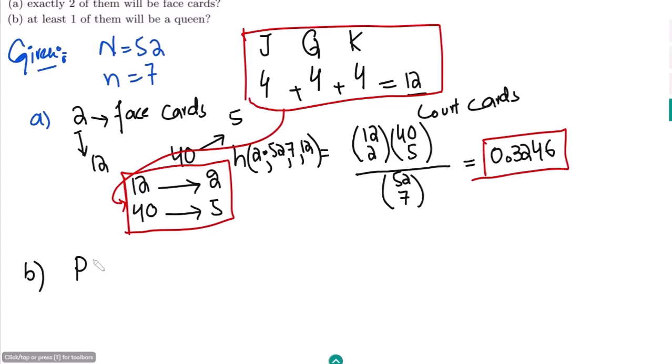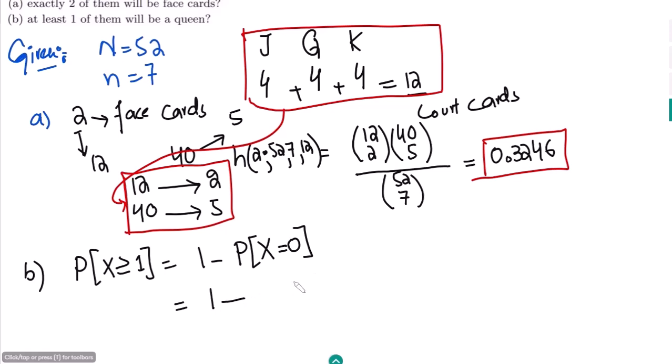So if x is the number of queens, at least one of them will be a queen. It will be greater or equal to 1, which can also be written as 1 minus the probability that the number of queens is 0. No queen will be here, so therefore it can be written as follows.